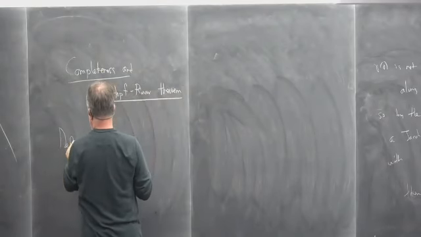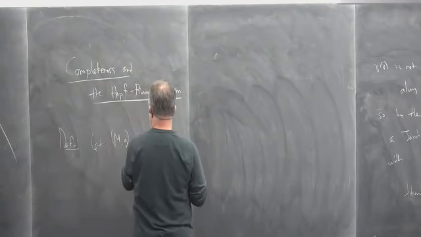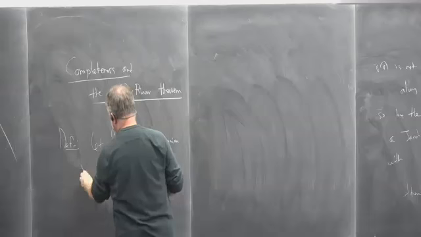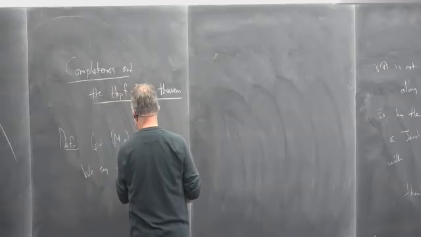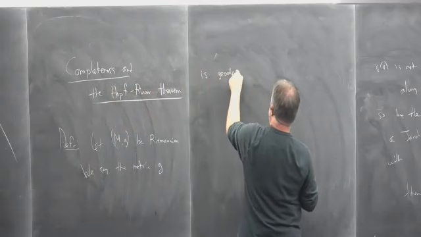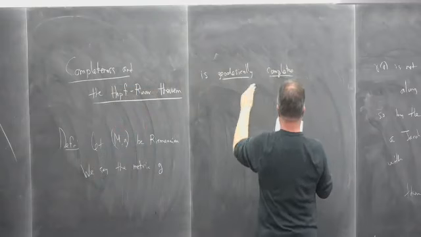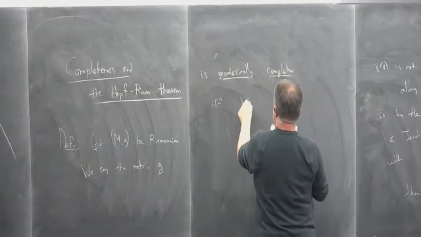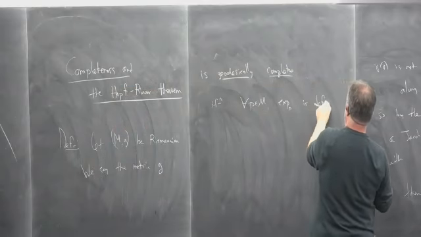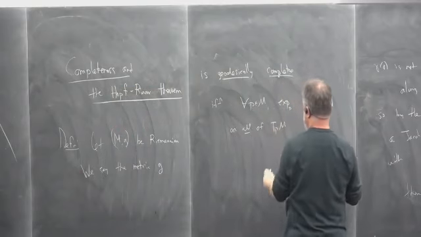So let's start with a definition. I think I gave this definition earlier, but I'll do it again. Let (M, g) be Riemannian. We say the metric g is geodesically complete if and only if, for all p in M, exp_p is defined on all of T_pM.